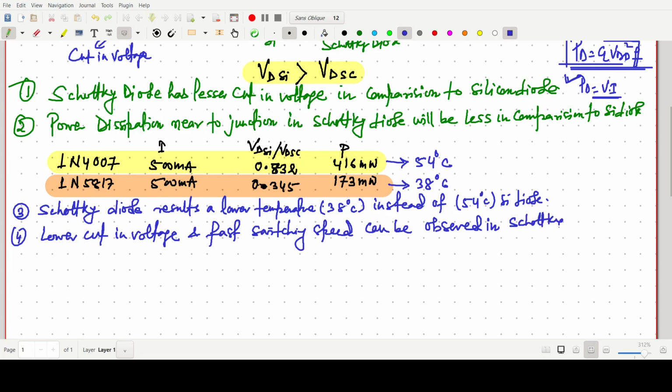In the Schottky diode, the cut-in voltage will be lower and the switching speed fast, in comparison to the silicon diode.